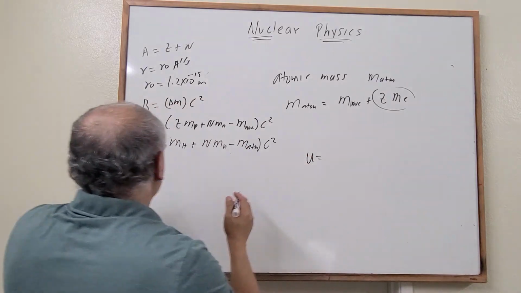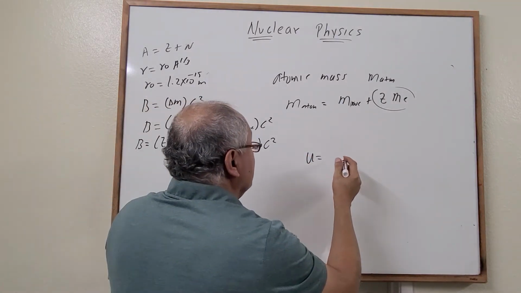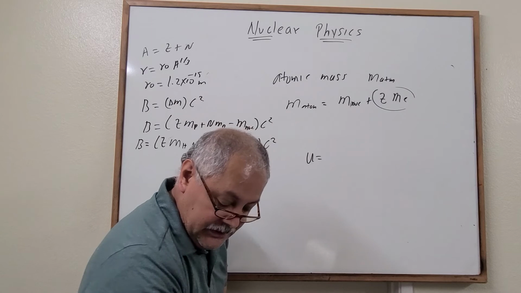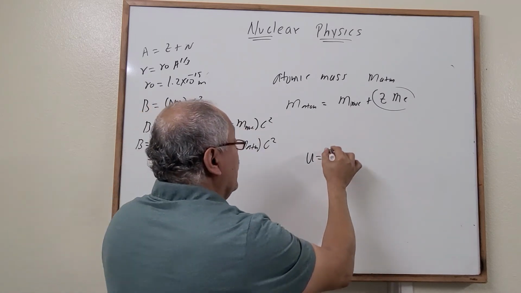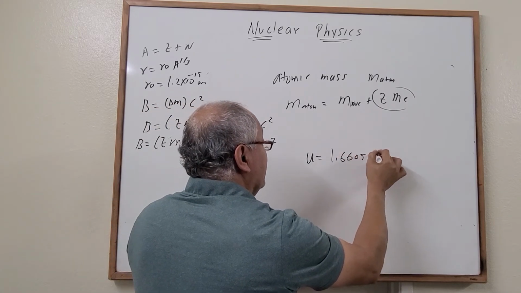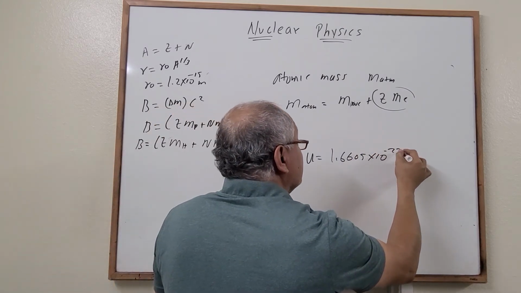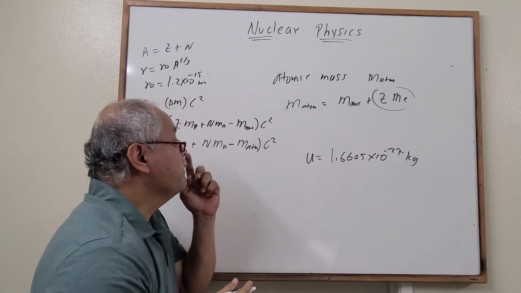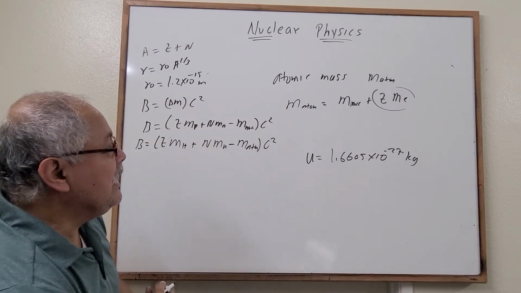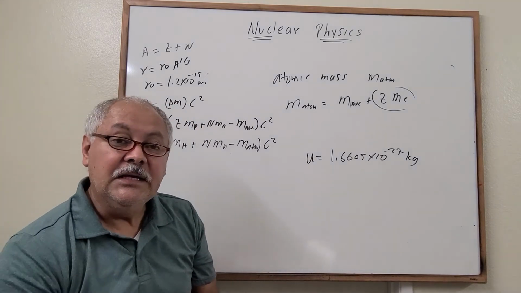Using kilograms, this is equal to 1.6605 times 10 to the negative 27 kilograms.